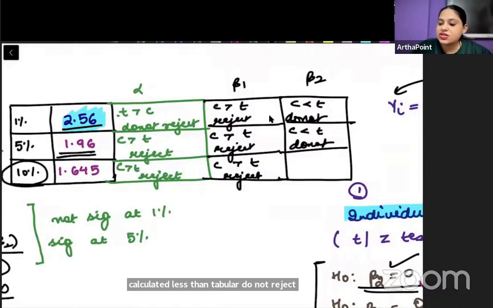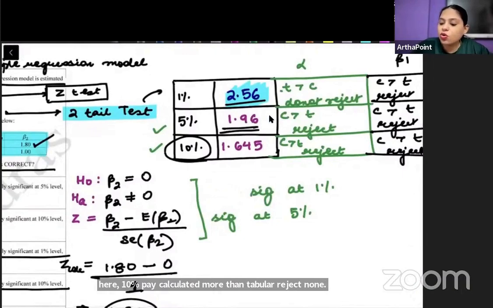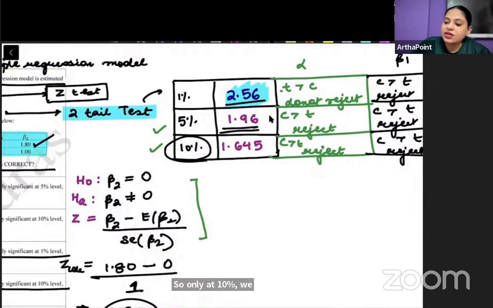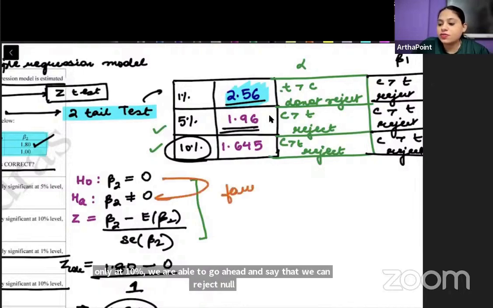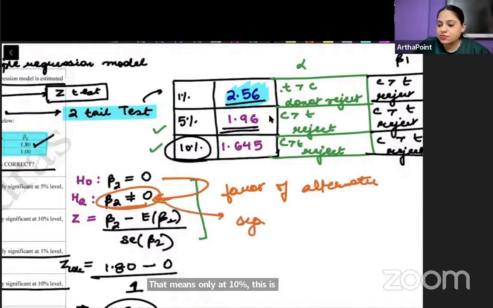And here at 10%, calculated more than tabular, reject null. So only at 10%, we are able to go ahead and say that we can reject null in favor of alternative. That means only at 10%, this is not equal to 0. It is significant.